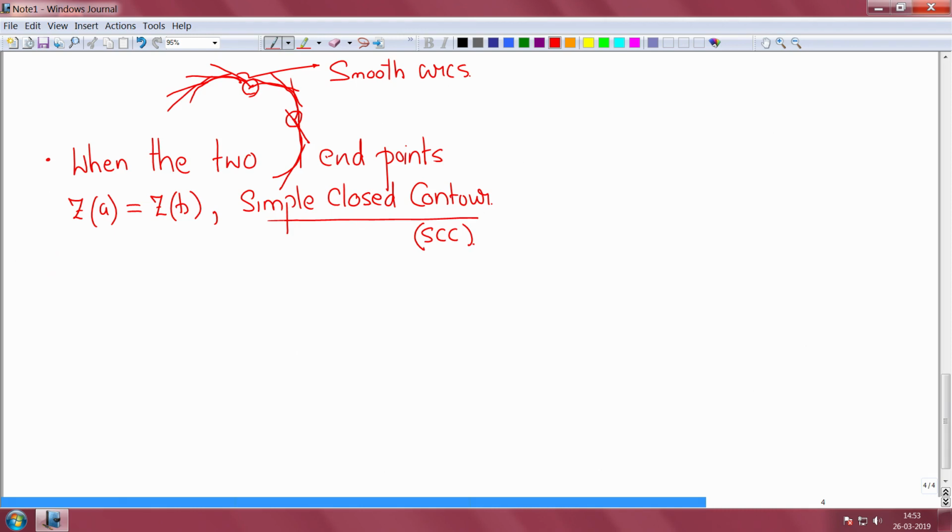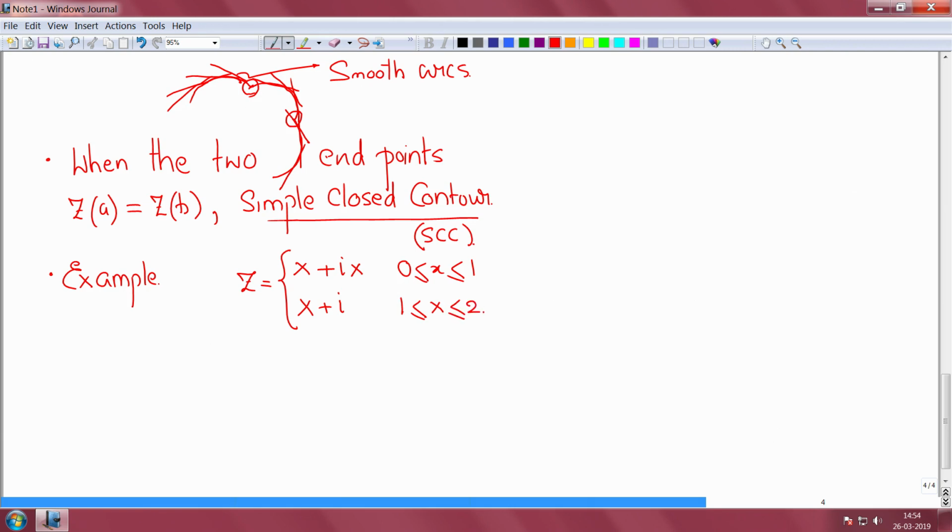Let us now take an example. Suppose I have z parametrized through x alone: z is x plus ix when 0 is less than or equal to x less than or equal to 1, and it is equal to x plus i when 1 is less than or equal to x less than or equal to 2.